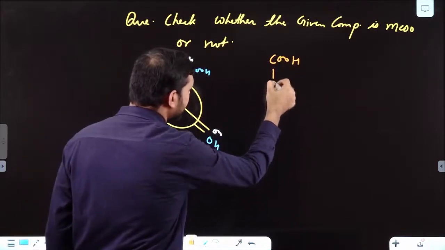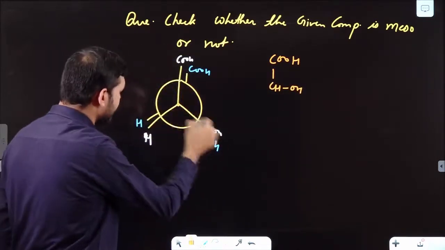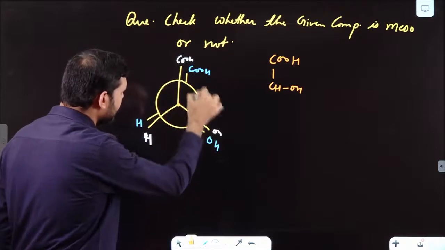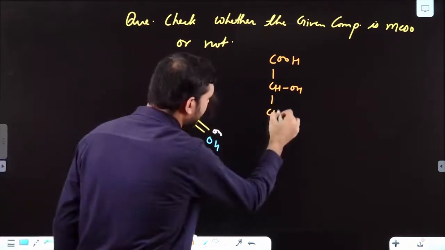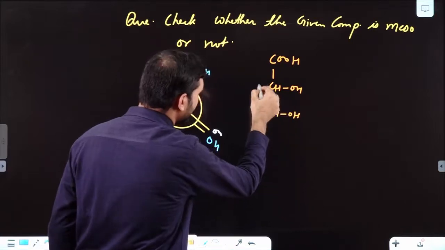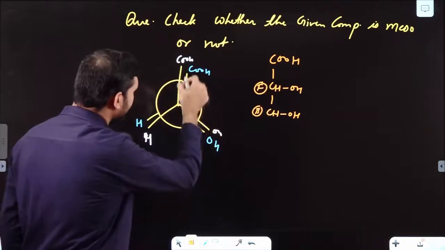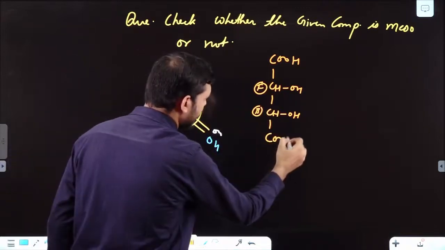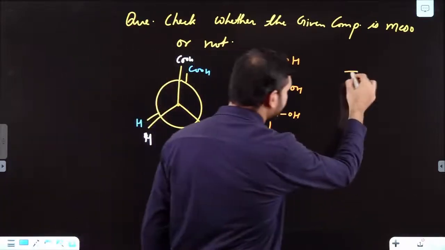And this one is having CHOH. This carbon is having H, OH. Now from front carbon towards the back carbon, that is also having H and OH. Back carbon, H, OH. This is your front carbon, this is your back carbon, and that is having COOH. Okay. Now you can see this is actually our tartaric acid.